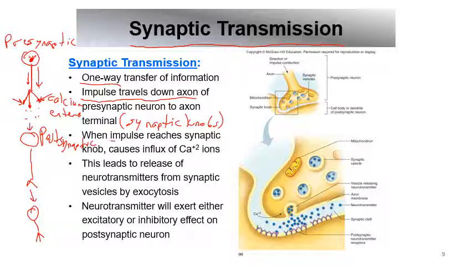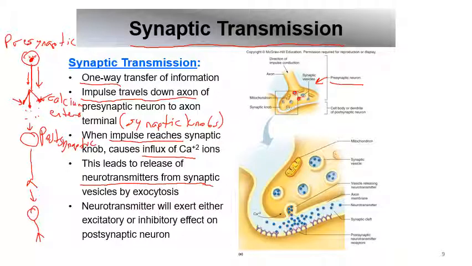Okay, so we're going to talk about this again, and I'm going to show you the video that will help you to visualize this. First, calcium has to go into the synaptic knobs, then the neurotransmitters get released from the synaptic knobs, and the neurotransmitters are sitting inside these vesicles. So what this picture is showing here, it says here the presynaptic neuron. So this is showing the end of the presynaptic neuron, the synaptic knobs, and these little bubbles. There are also other organelles here too.